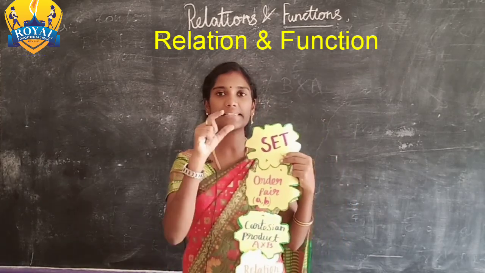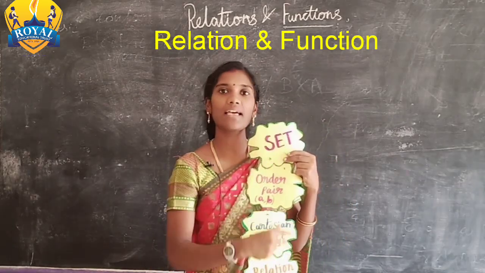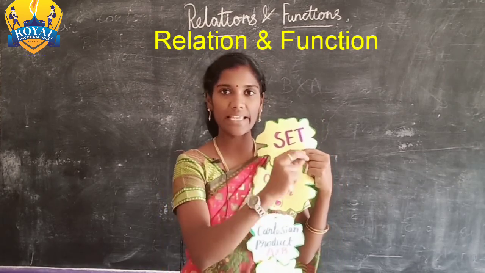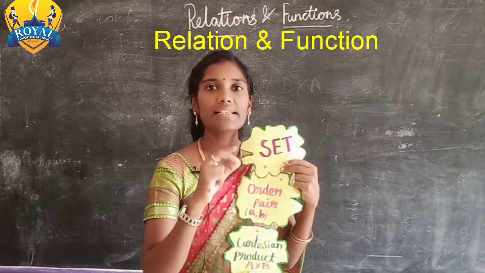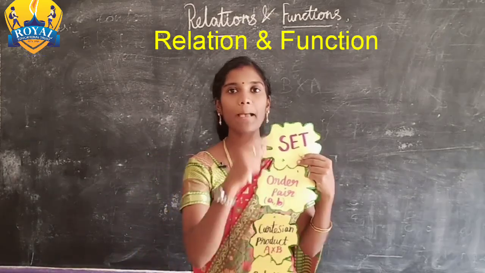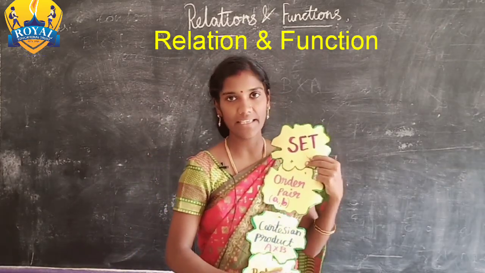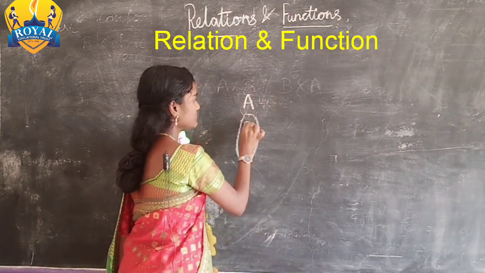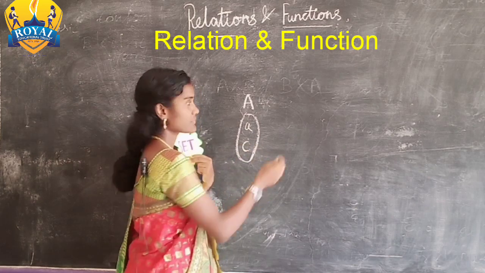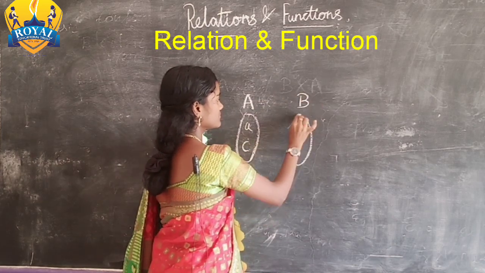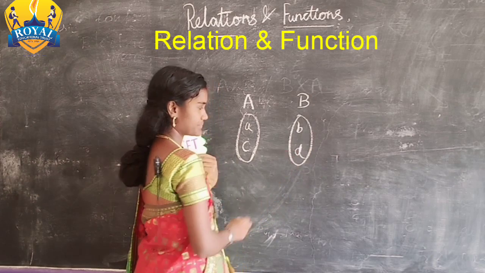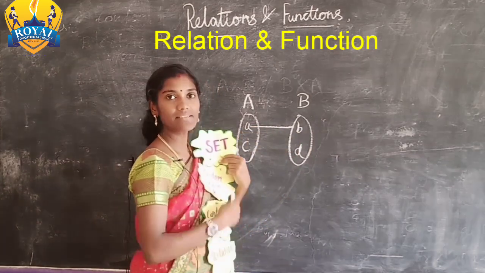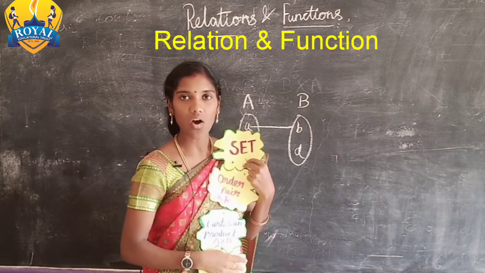If a set A contains the elements A, C and set B contains B, D, I'll write it. Set A: A, C. Set B: B, D. If these two sets' elements combine together, they make ordered pairs.